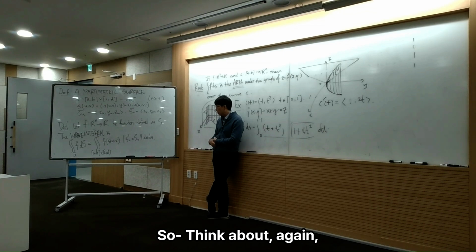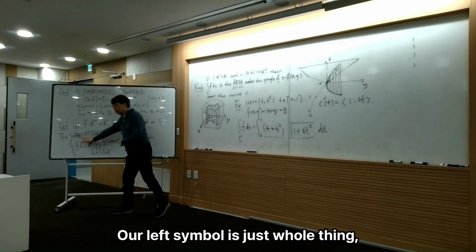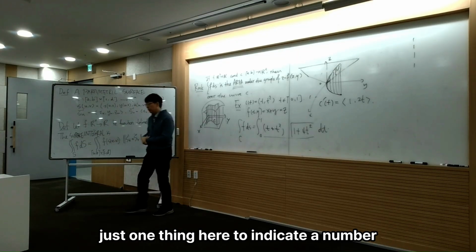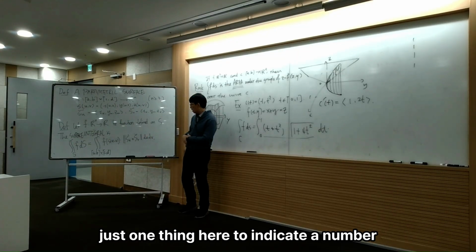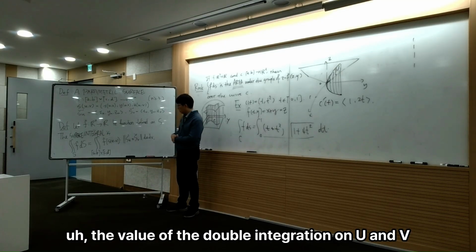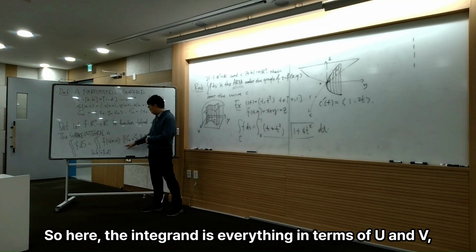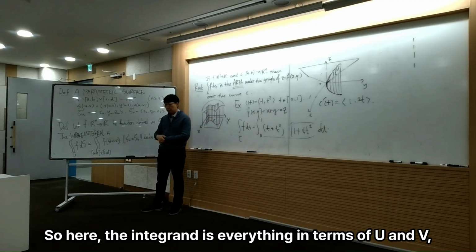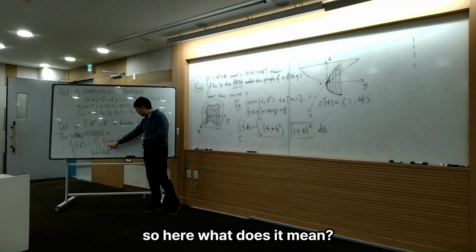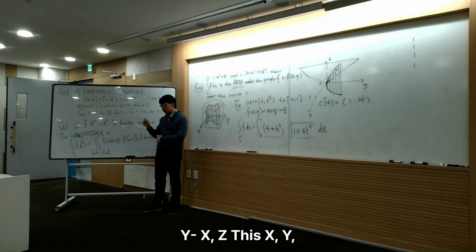Think about it again; it's similar to the line integral. Our left symbol is just one thing, indicating a number given by the value of the double integration in u and v. So the integrand is everything in terms of u and v. What does it mean? S(u,v) gives you the coordinates x, y, z.